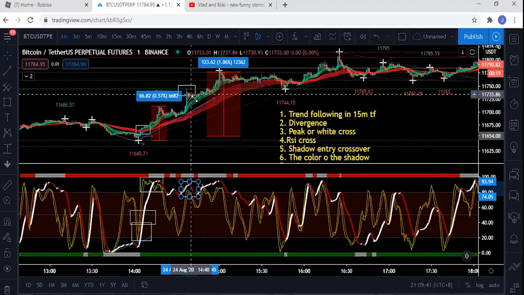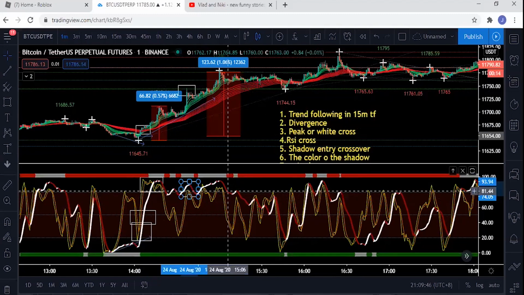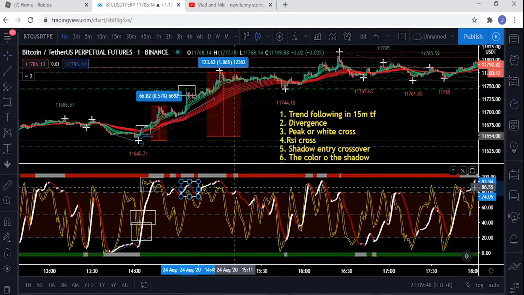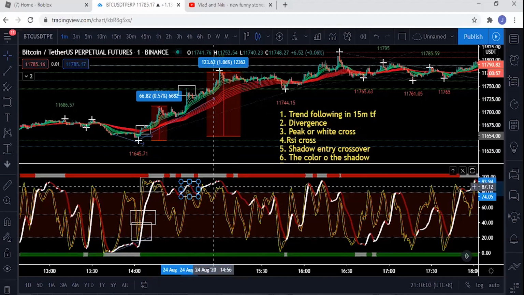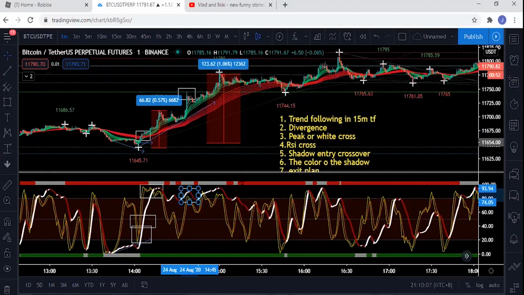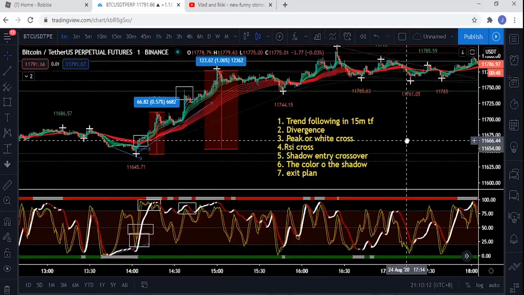And as long as, this is the tip, as long as our shadow is still above our 50 RSI, meaning to say the market is bullish, there is still a continuation of price movement going up. So that is how we use this combination of script. So any question?